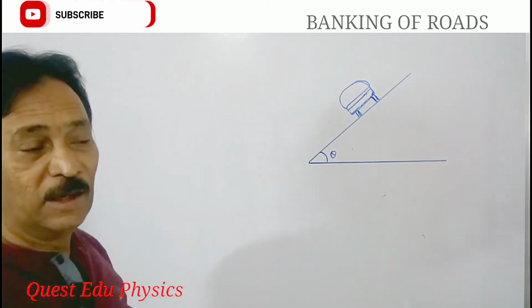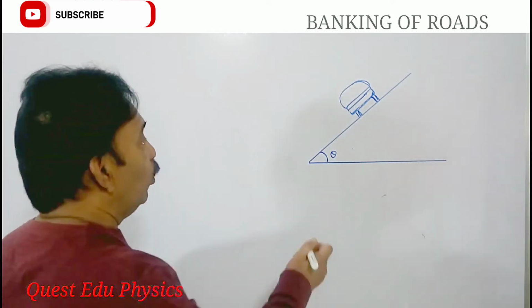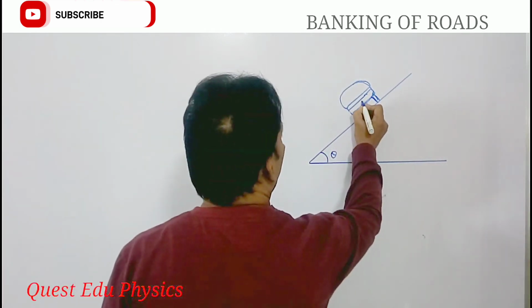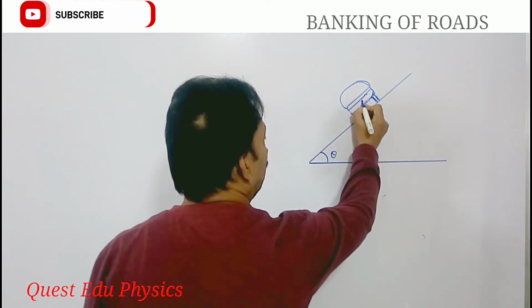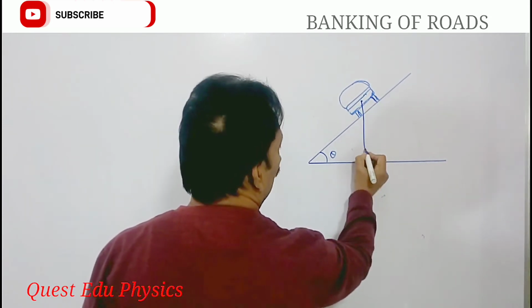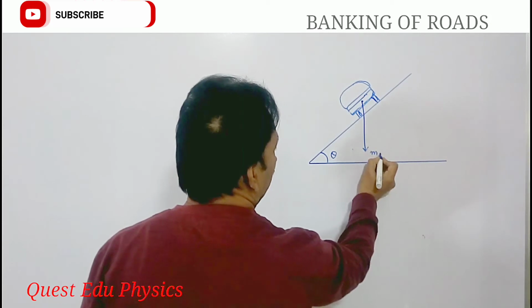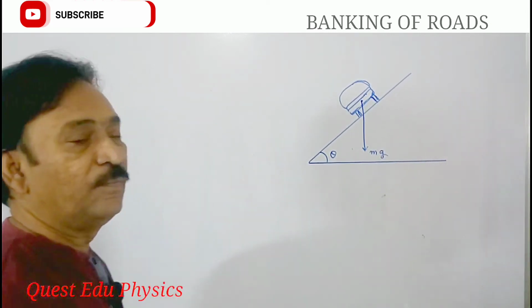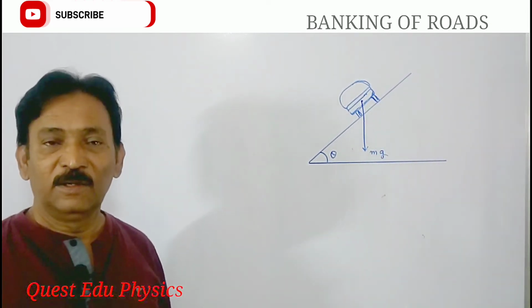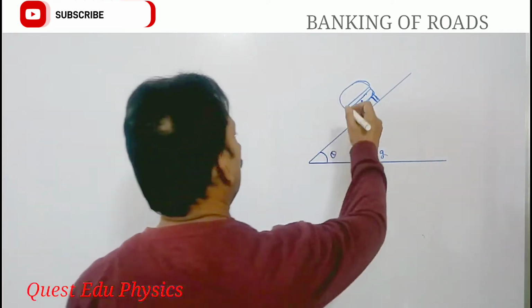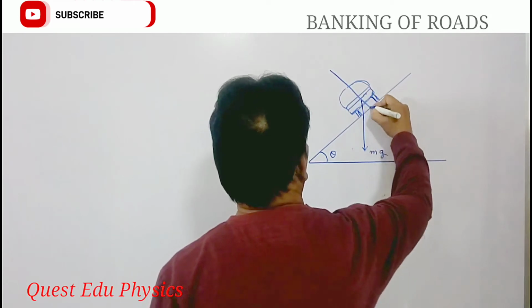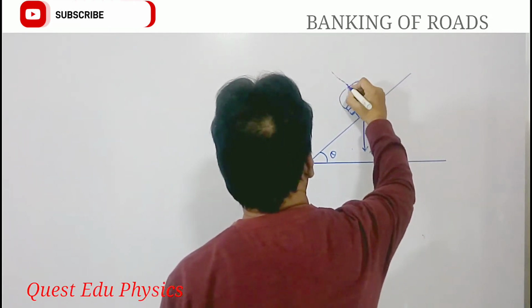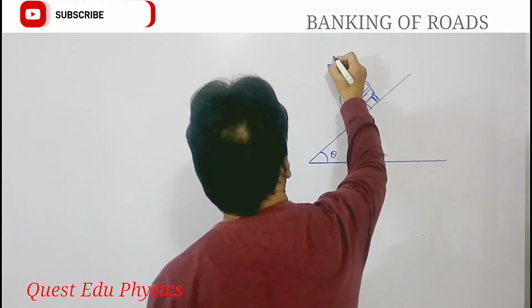If we keep that vehicle in that way, we know that the weight of the vehicle always works vertically downwards. It is the weight of the vehicle which is working vertically downwards. Obviously, you know that it is the normal reaction.